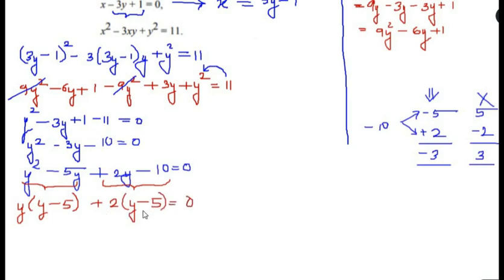So here in these two terms again y minus 5 is common, so I'll pull it out, it becomes y minus 5, and in another bracket we have y plus 2. So these are the two factors of this equation. So if you are using splitting the middle term, this is the way we have to do it.